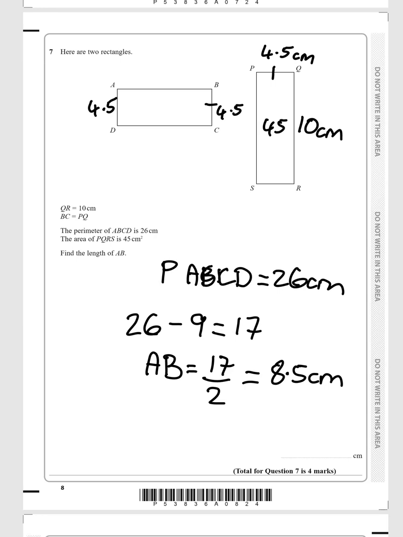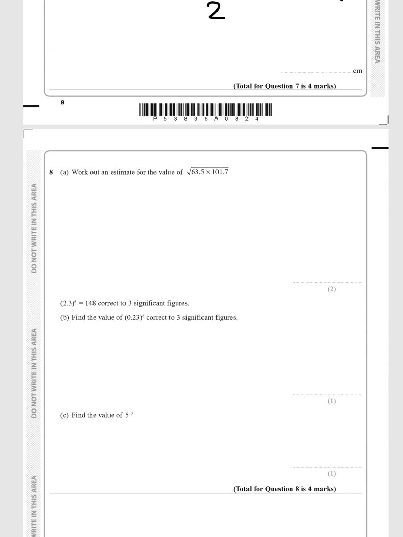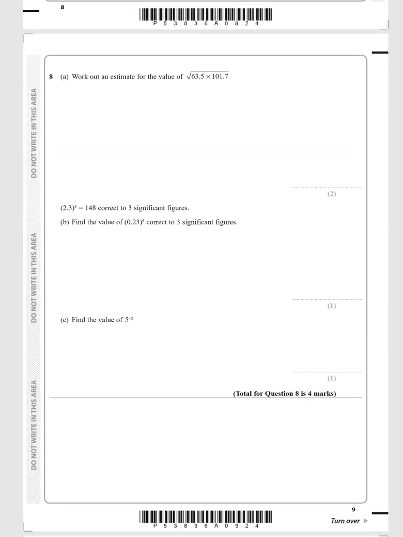Right, number 8. Work out an estimate for the value of. Right, so let's have a think about what we can do here. If we round these, and I know I normally suggest round to one significant figure, but if we round to root 64 times by root 100, we can split them, so both in the square root.